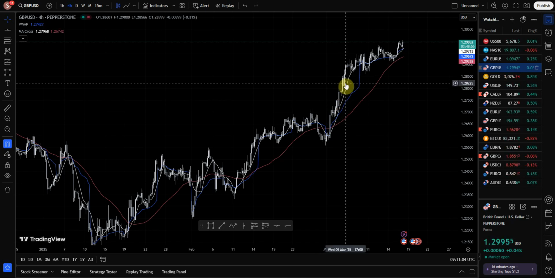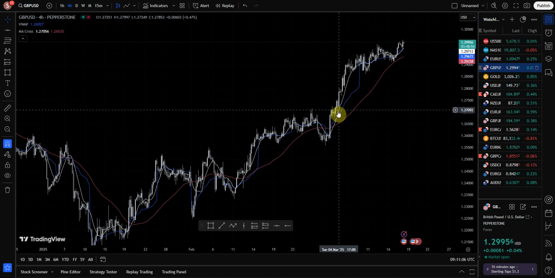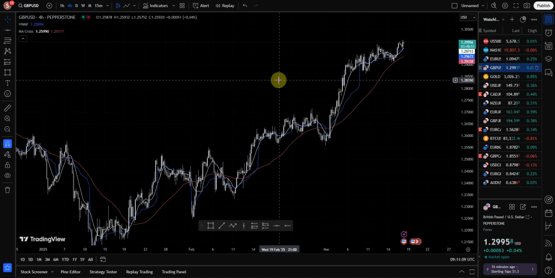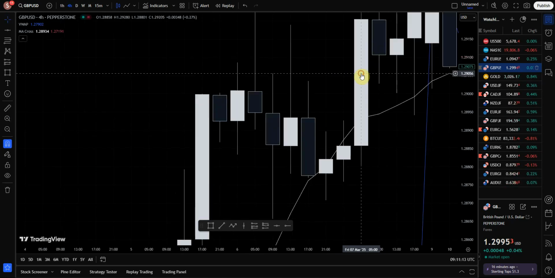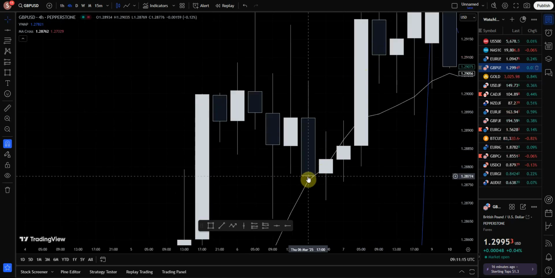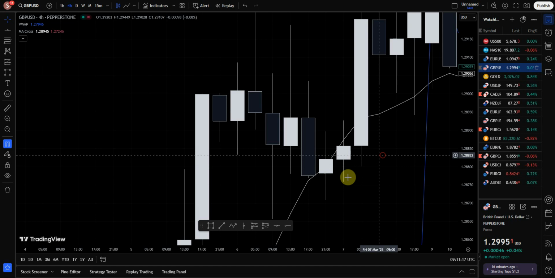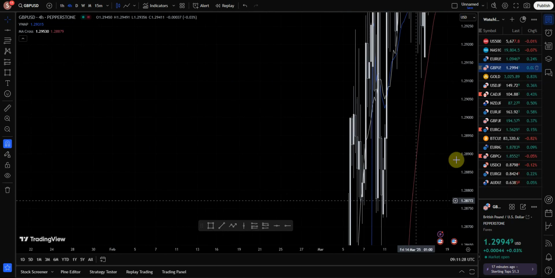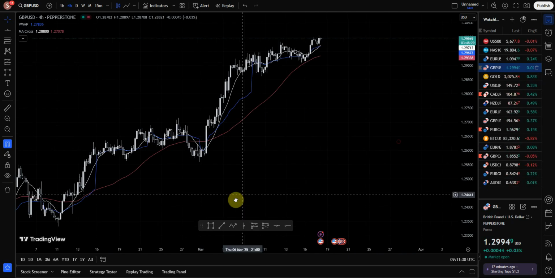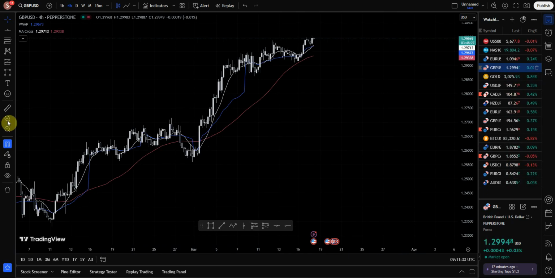If you decide not to use a definite take profit, you can trend this trade until price closes below the 10 moving average. Price is not even closing below here, so let's continue. You would have still trended this trade until this candle where price closed below the 10 moving average. That's your signal that okay, a reversal is about to start. So you close your buys. You understand? That's the function of the 10 moving average.